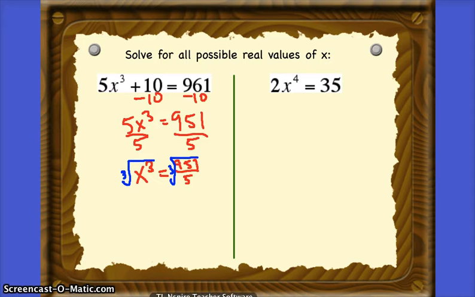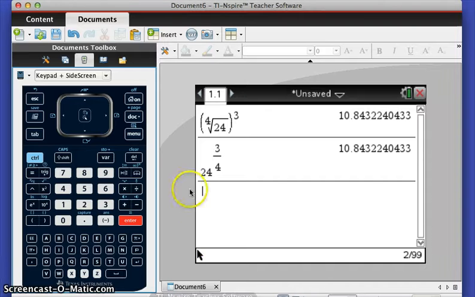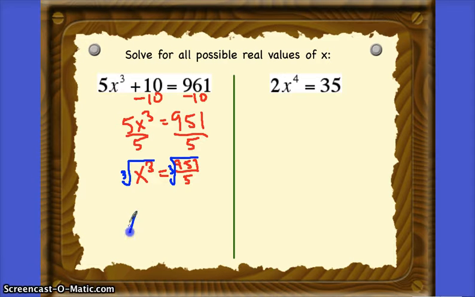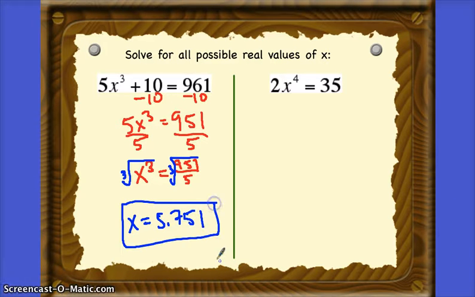So if we go to our calculator again and find the third root of 951 divided by 5, we get 5.751, and that would be our answer. 5.751 approximately is the answer to our problem.